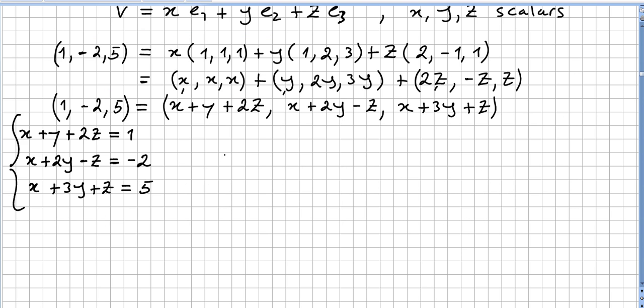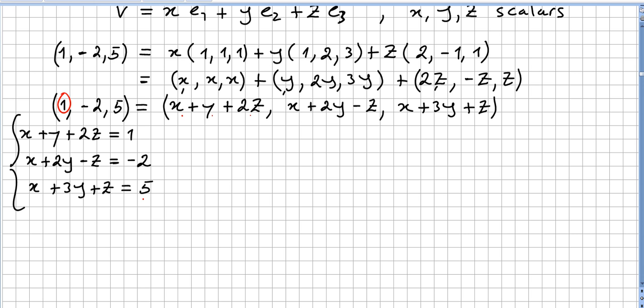So we have x plus y plus 2z equal to 1, x plus 2y minus z equal to 2, and x plus 3y plus z equal to 5.